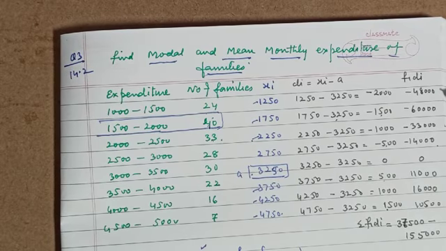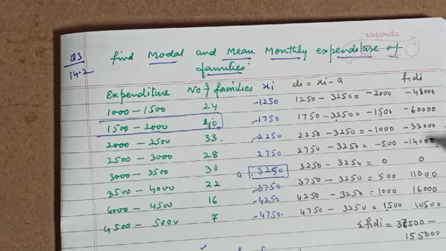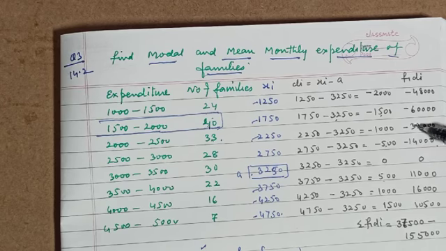Once again let us check it. Here 30 has come for all. 8 and 3 is 11, 11 and 4 is 15, 5 and 6 is 11, 11 and 4.